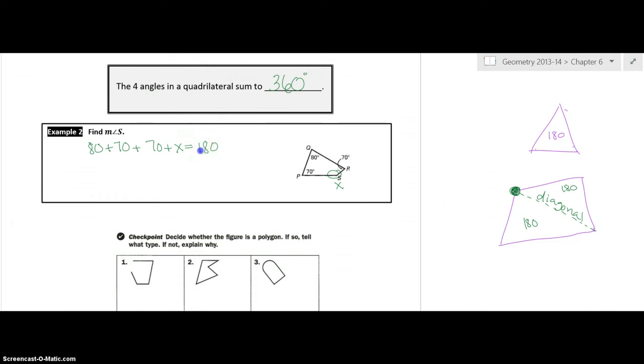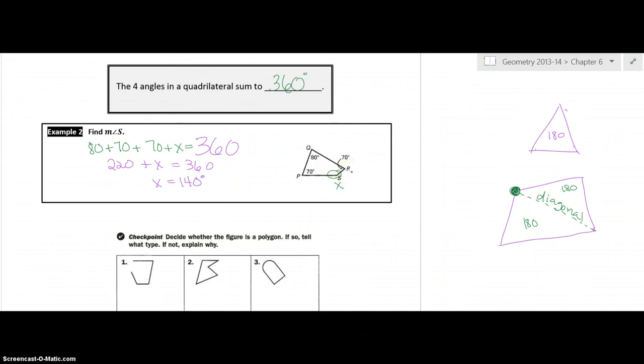I'm sorry, my mistake, 360 because it's a quadrilateral, not a triangle. If you combine like terms here to solve, add these three together, you get 220 plus x equals 360. Subtract 220 and you get x equals 140 degrees for that obtuse angle.